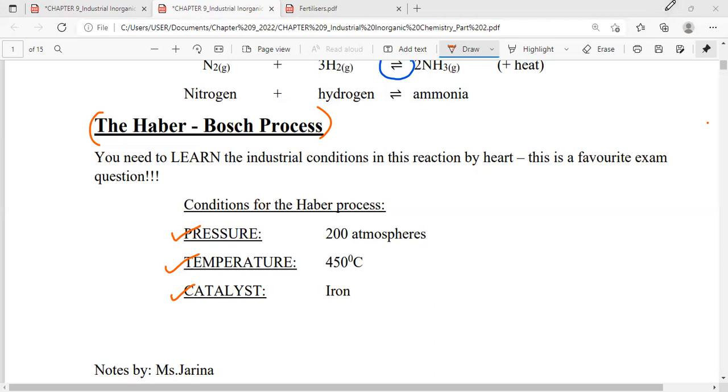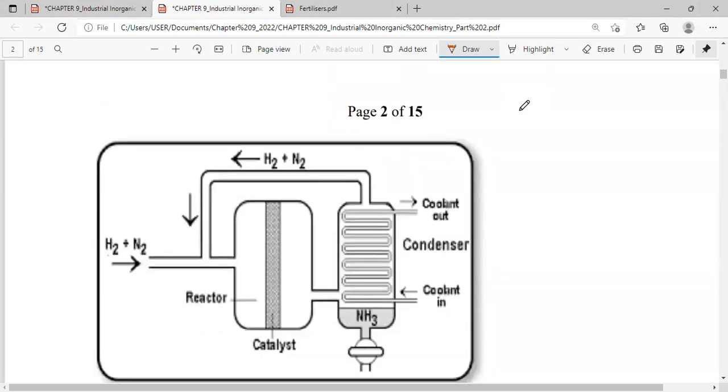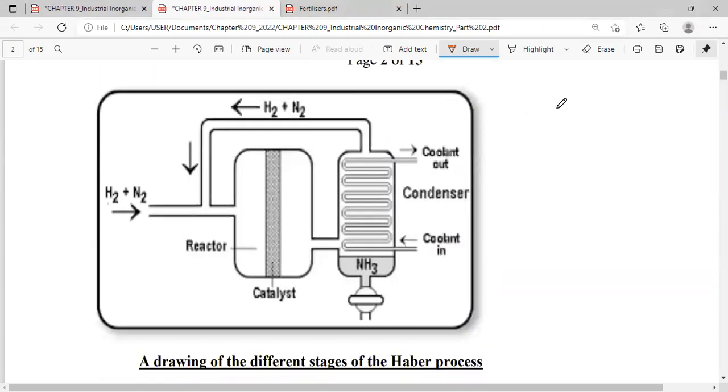Atmosphere, you can also write ATM. Short form is also applicable. So these are the three conditions: a pressure of 200 atmosphere, a temperature of 450 degrees Celsius, and catalyst iron. That's all you have to know, the conditions. No big extra reactions.